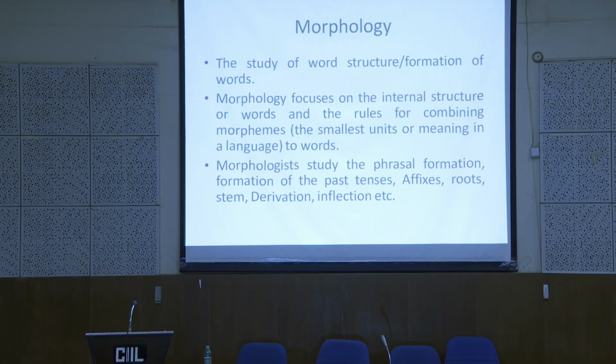So in morphology, you can start from the morpheme. What is a morpheme? The minimum meaningful unit which you cannot further divide into meaningful units. It may be a single phoneme or a combination of one to many phonemes.